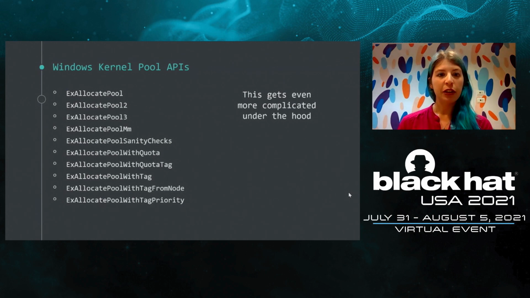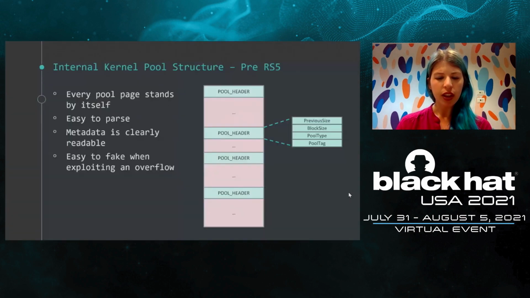That doesn't include any of the other APIs that handle the pool or any of the APIs running underneath them that aren't exported. There are lots of functions doing super complicated things. In general, handling the kernel pool is a really complicated thing for the system to do, and it just keeps getting more complicated the more memory the kernel uses.